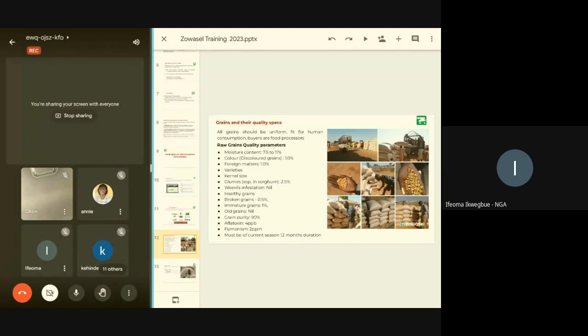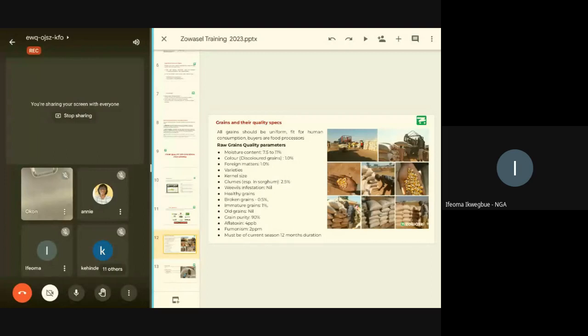The moisture content has to do with the amount of water in grains, and there's a level of acceptance of the moisture content by several buyers. The most acceptable range spans between 7.5 to 11% moisture content. The higher the moisture content in grains, the more tendency for it to deteriorate: the temperature within the bag starts getting hotter, it increases microbial activity, and then we start experiencing discoloration in the grains.